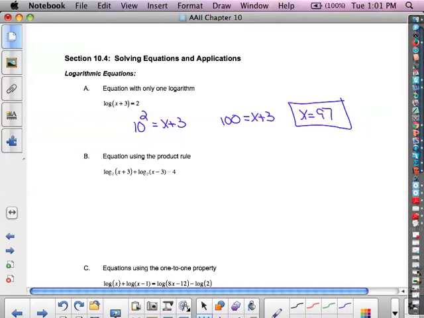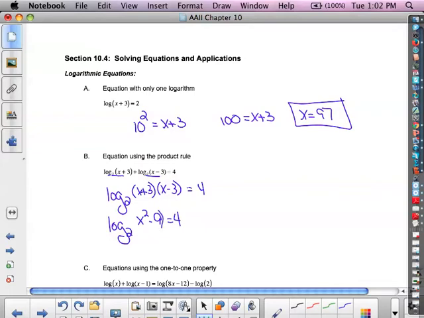The second one, I have logs on one side of the equation. What I'm going to do is use either the product rule, the quotient rule, or the power rule to condense that so I can rewrite it in exponential form. This will become log base 2 of x plus 3 times x minus 3 equals 4. So log base 2 of x squared minus 9 equals 4.